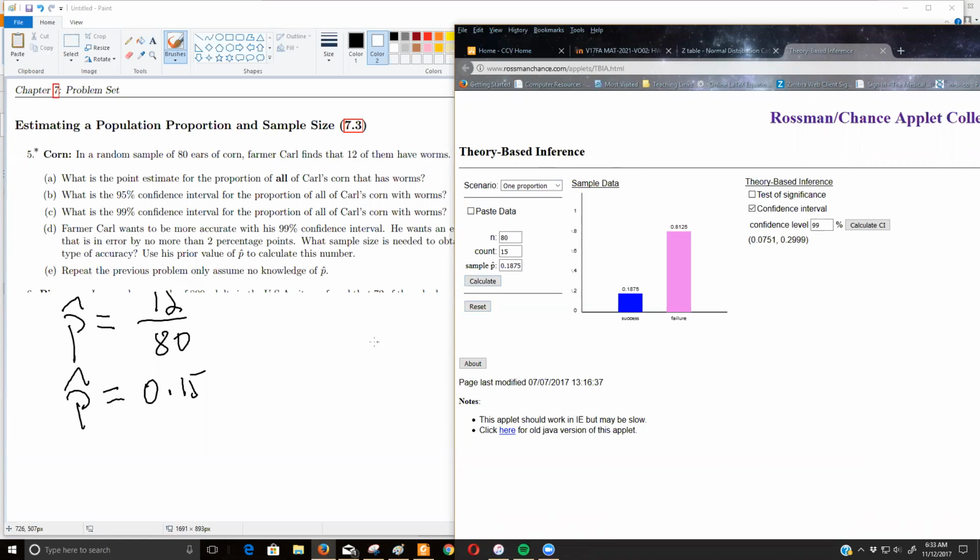Now, the only thing that can happen, and if you look at some of that optional assignment that I made available to you, is they might tell you p hat.